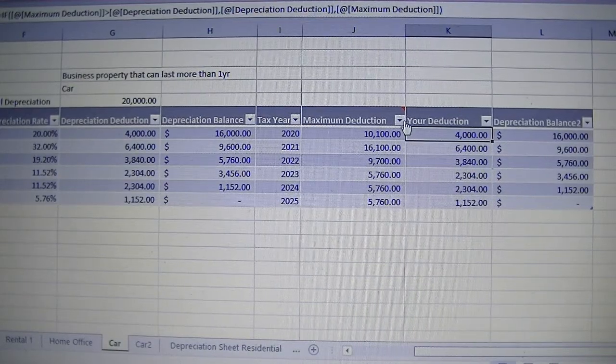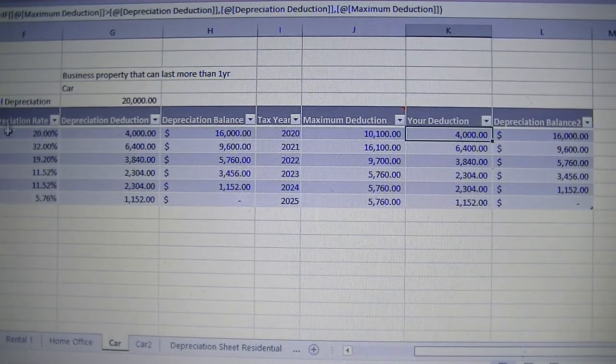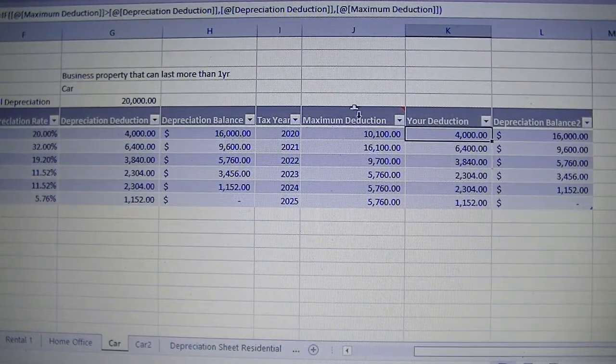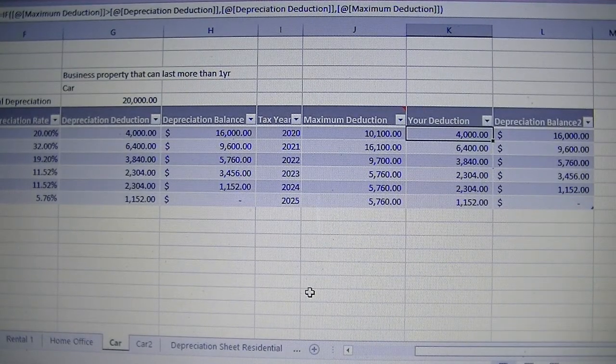So the spreadsheet will calculate your regular depreciation deduction and the depreciation balance, but you have to enter the depreciation rate, the tax year, and the maximum depreciation to take. And the maximum depreciation, you'll rely on Publication 946, the latest version, to find it.